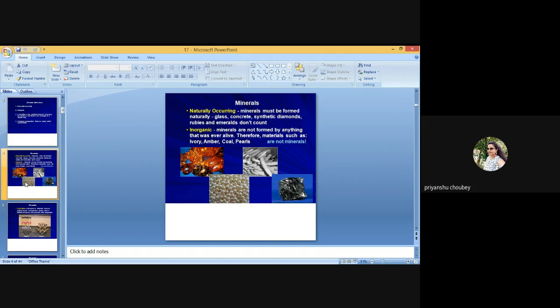I repeat again, a crystal is a homogeneous solid formed by a repeating three-dimensional pattern of atoms, ions, or molecules, bounded by plane surfaces symmetrically arranged with characteristic angles between them.